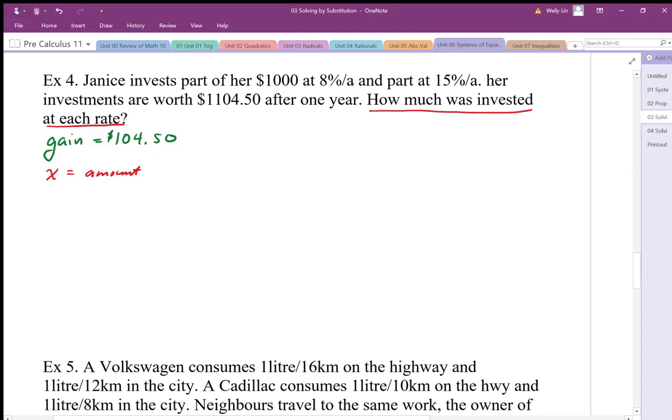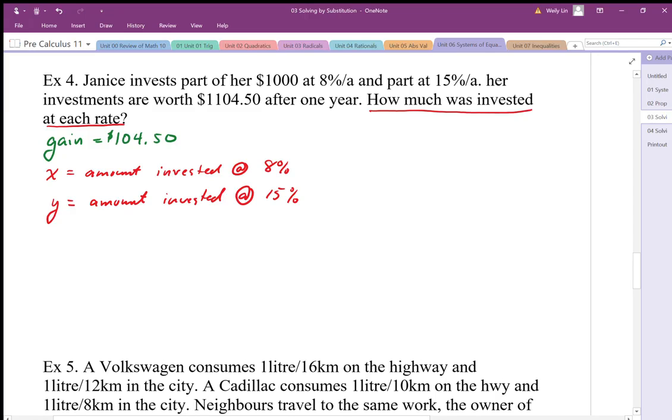Well, the rates are 8% and 15%. So x is going to be the amount invested at 8%, and y is going to be the amount invested at the other percentage, which is 15%.